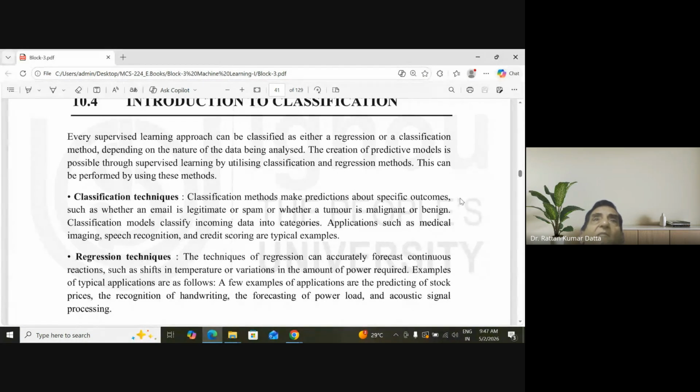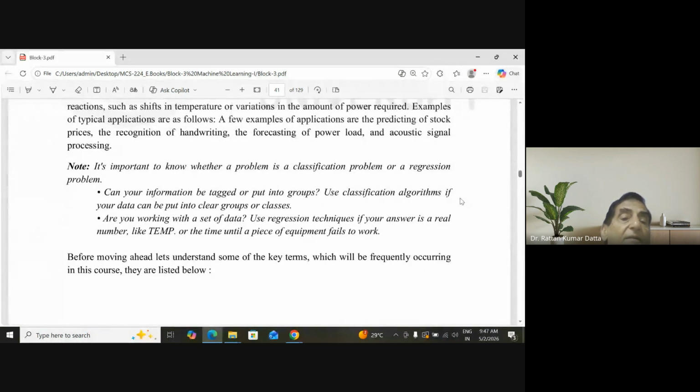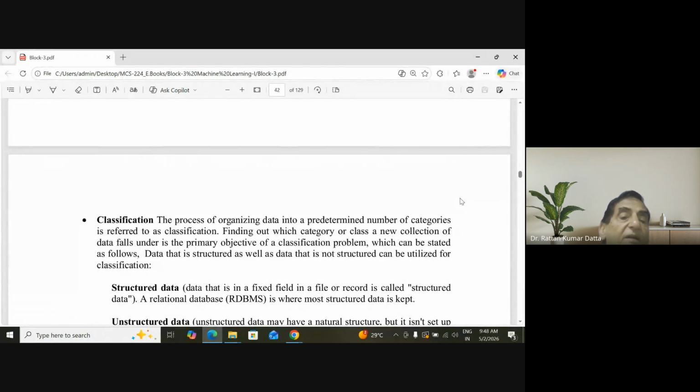If you are not, please immediately tell us so that we stop the process and all that. This is the type of thing. Regression technique, or regression, how to do the regression in this, so that your information can be tagged or put into groups? Use a classification algorithm? Yes, you can do that. So that's the type of thing.